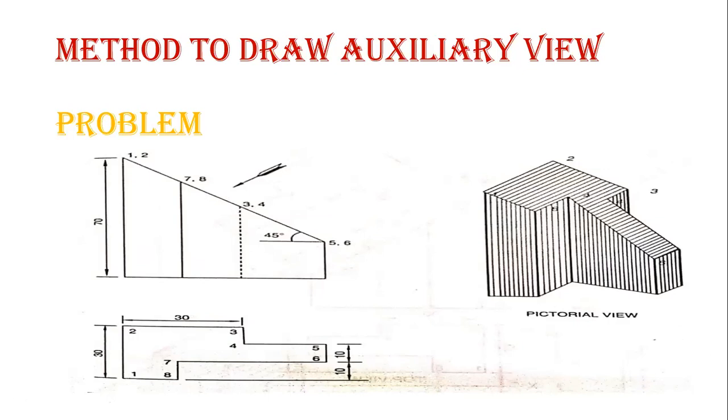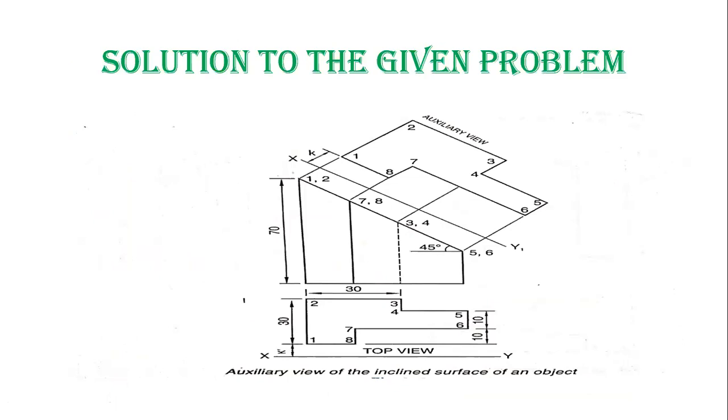In the second step, we will draw a plane which is parallel to the inclined surface whose true shape is required. Here X dash Y dash, which is parallel to the inclined surface, is drawn. In the third step, we'll project each corner of the inclined plane on the auxiliary plane.